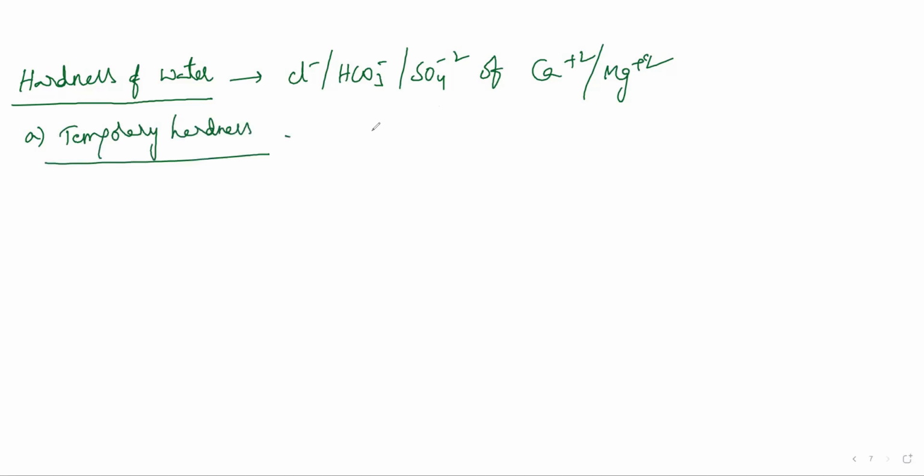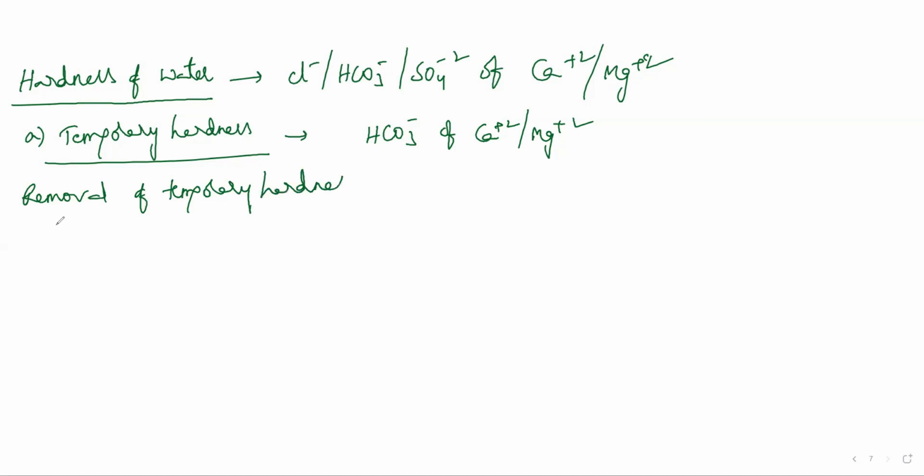Temporary hardness is due to presence of bicarbonates of calcium and magnesium. Then removal of temporary hardness. How can we remove temporary hardness? One simple method is by boiling.